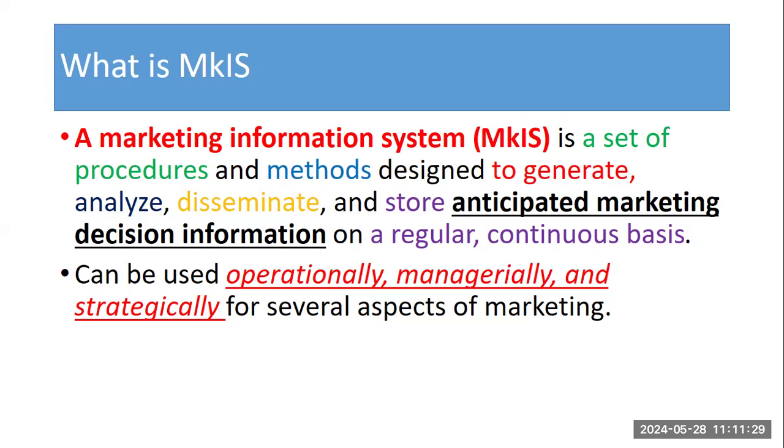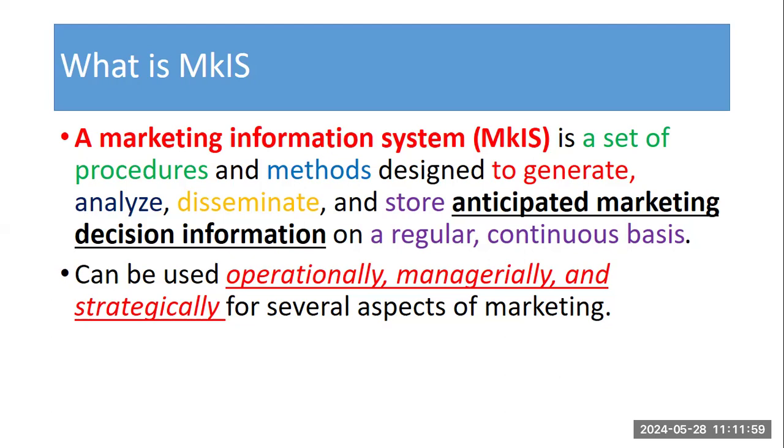So they want to generate, analyze, and disseminate this information continuously and regularly. This system continuously collects the data, in real time, we can say. Whatever happens, they try to gather that information and make use of it for their decisions.